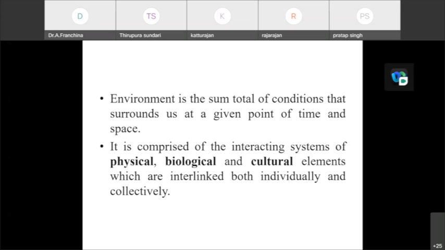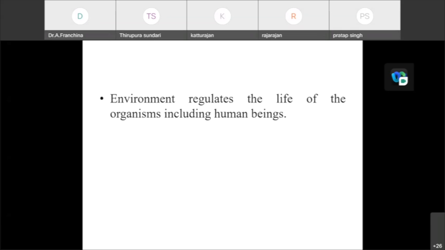The surrounding is divided into biotic and abiotic, and again based on these three components: physical, biological, then cultural. So the biological and cultural elements regulate our lives every day.